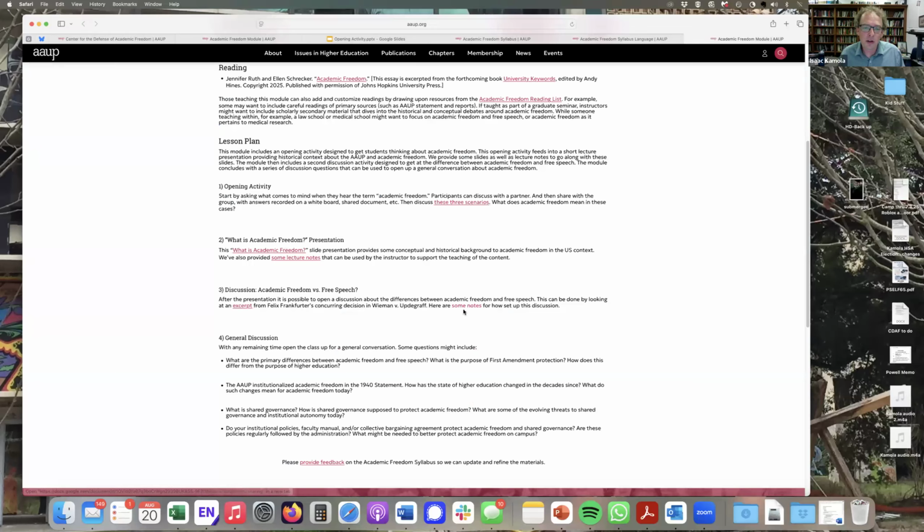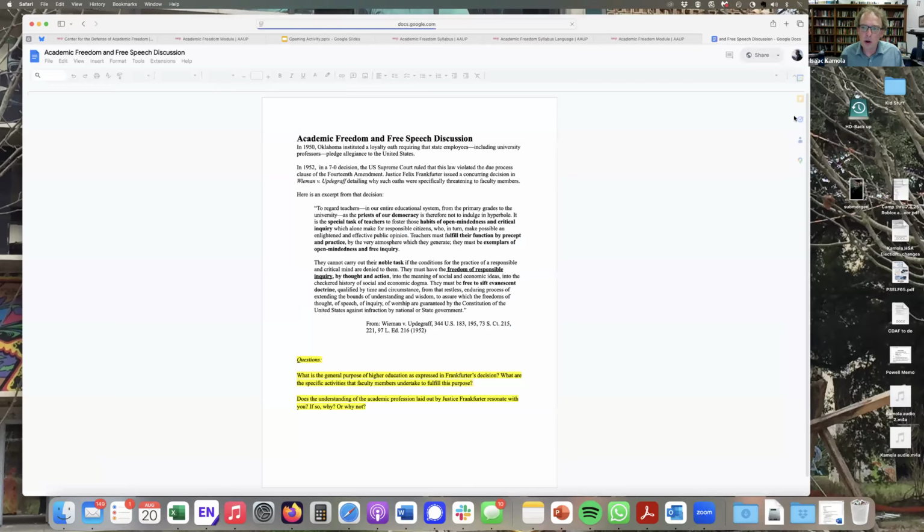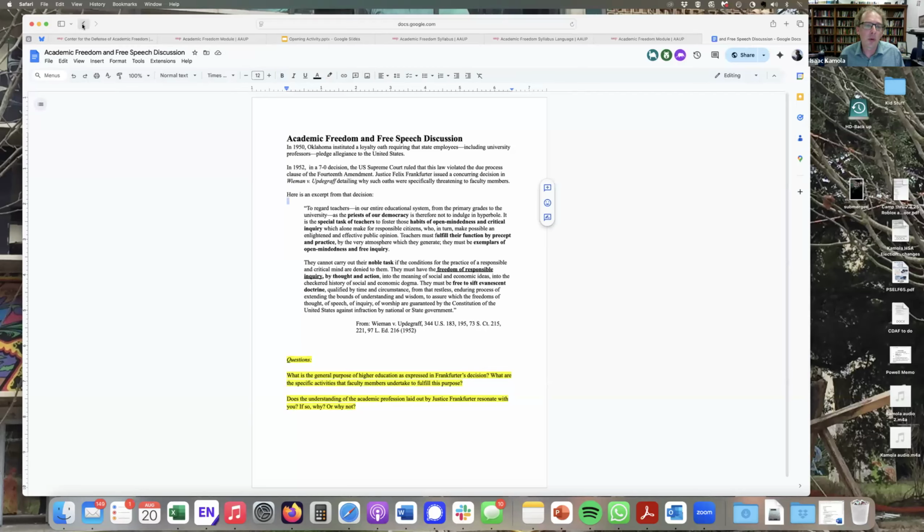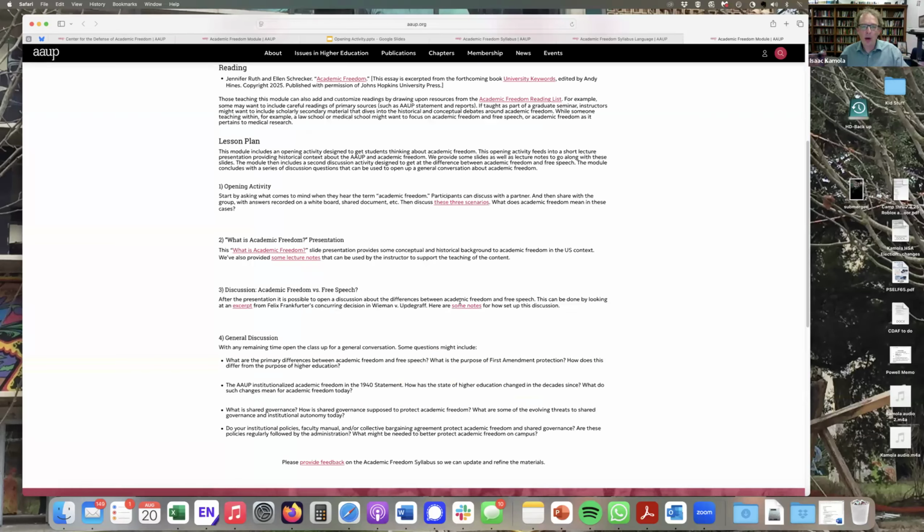And then in addition to that quote, we provided some notes. Again, this is in the process of being developed, and they help you walk through how to guide a conversation about what Felix Frankfurter is thinking about academic freedom and its distinction from free speech.